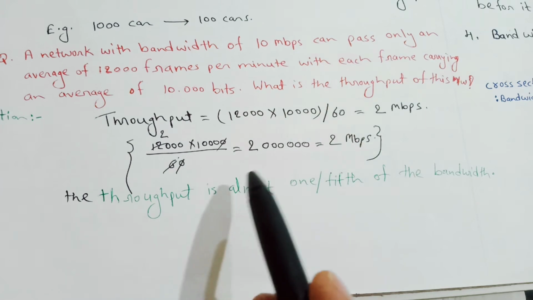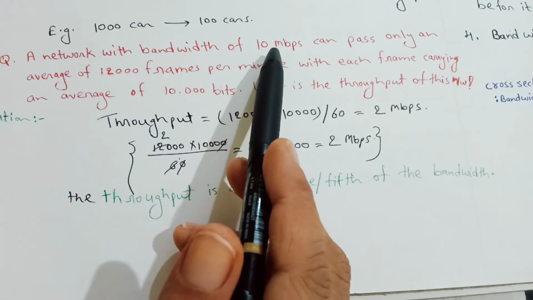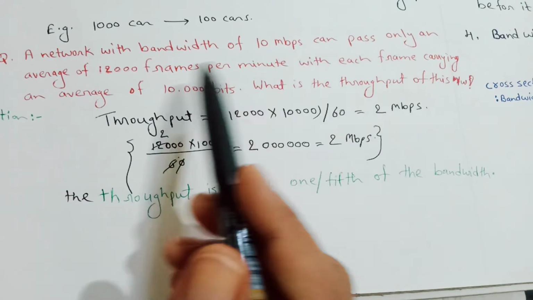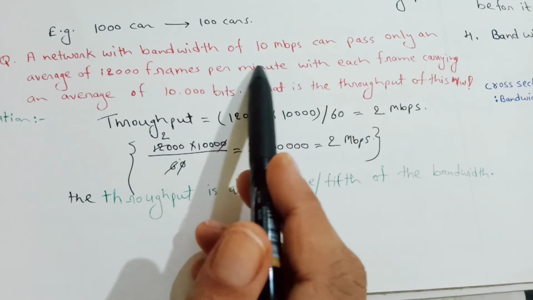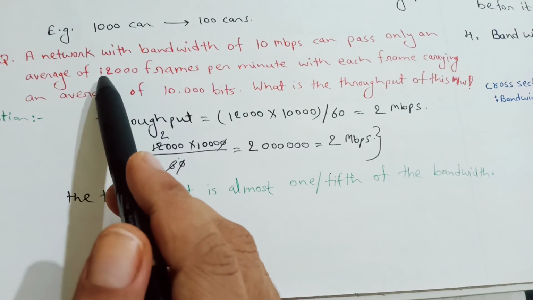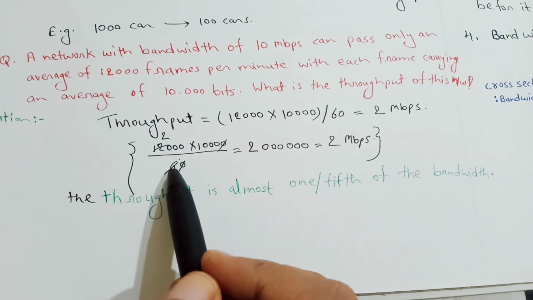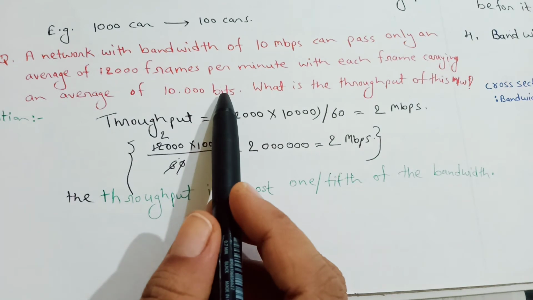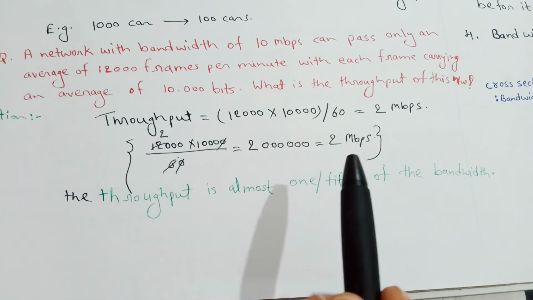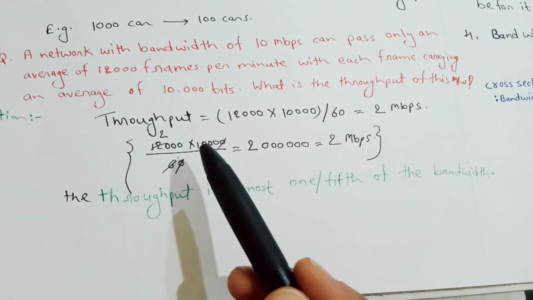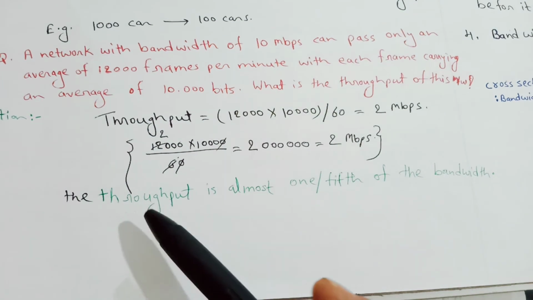The unit is per minute: 12,000 frames per minute, so 12,000 by 60, and 10,000 bits per frame. We multiply 12,000 into 10,000 by 60 because of per minute.